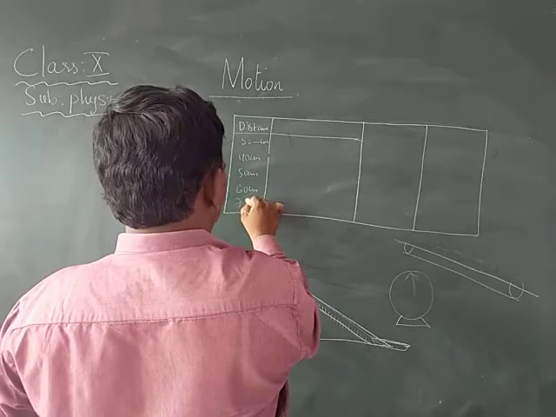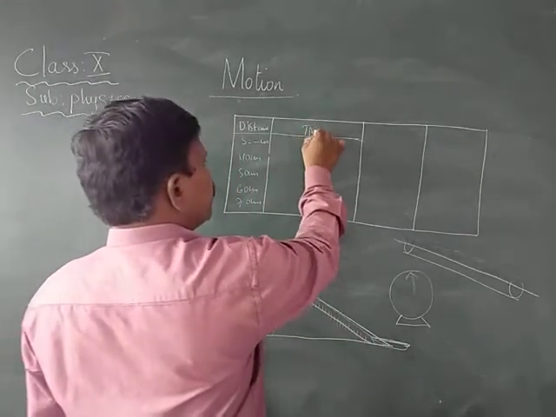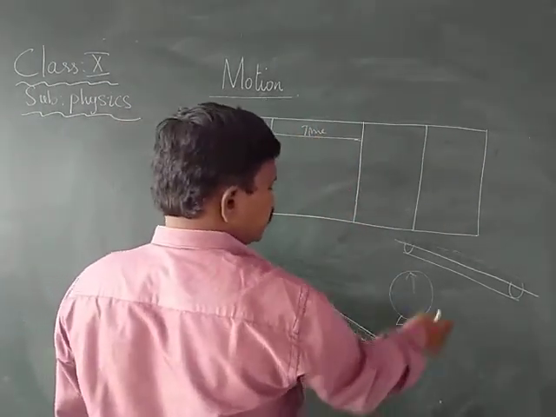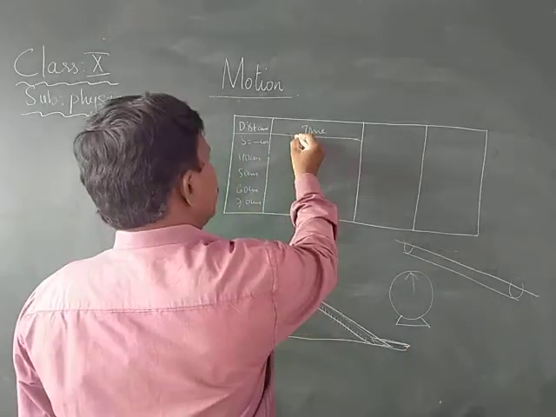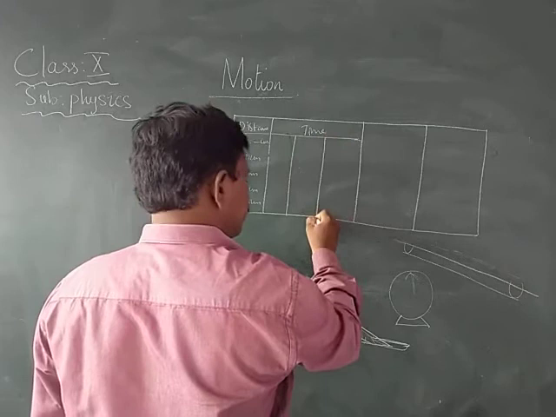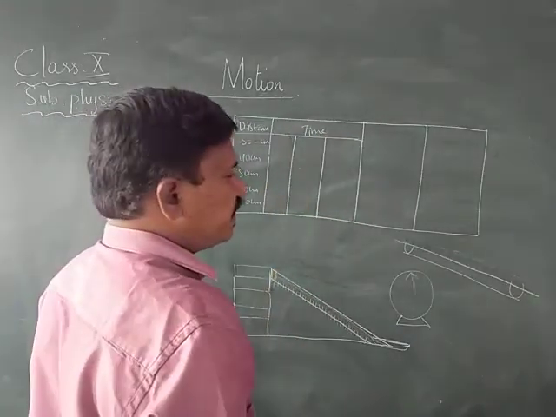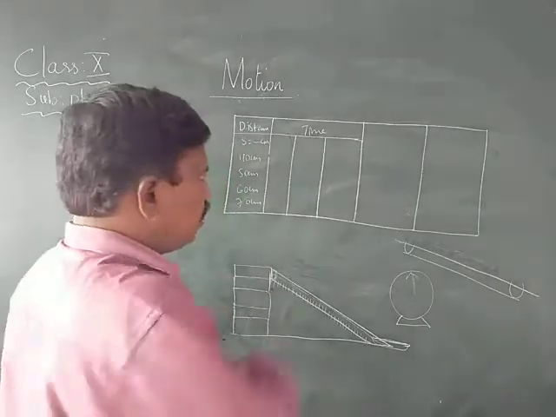Different lengths you should take. And here the time, which is shown by the stop clock. You should do the same with the same distance, the same 40 centimeter, and trial it for 3 times.